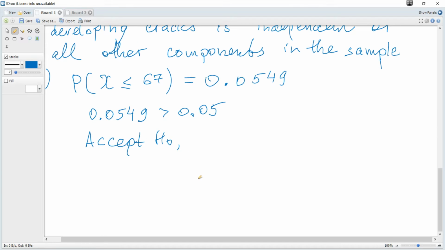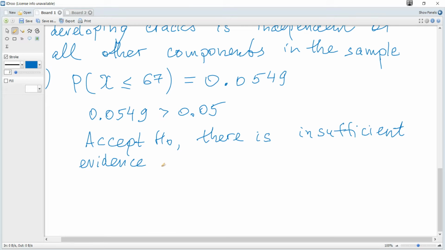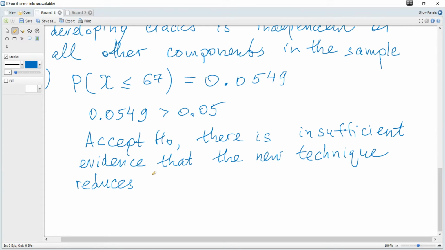And in the context, there is insufficient evidence that the new technique reduces the number of cracks.